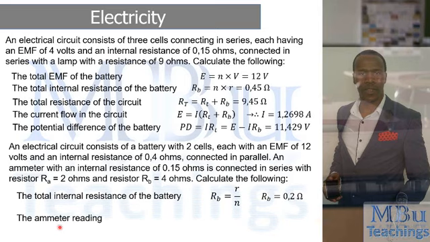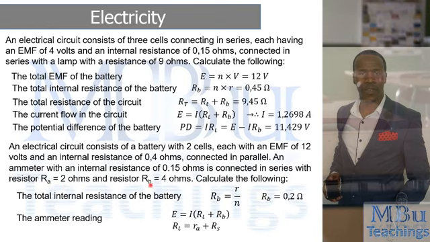Then we move to the ammeter reading. Remember, we have this for the ammeter as well. So let's see what we are going to have. Ammeter reading, this is the formula that we can start with, but what is RT? Our RT in this case will equal RA, which is the internal resistance of the ammeter. Remember, it's connected in series with these two resistors.